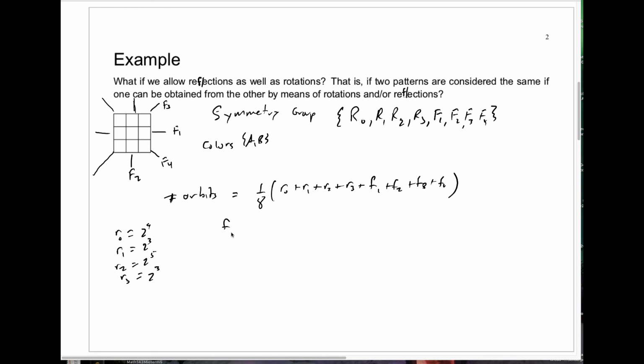But what is F1? How many colorings using 2 colors are invariant under a reflection, or flip, across this axis, the horizontal axis through the middle? Well, whatever color we put here would have to match the color here. Whatever color we put here has to match the color here. Whatever color we put here has to match the color here. And we can put any color here, here, and here.